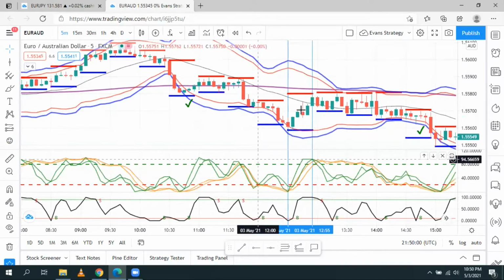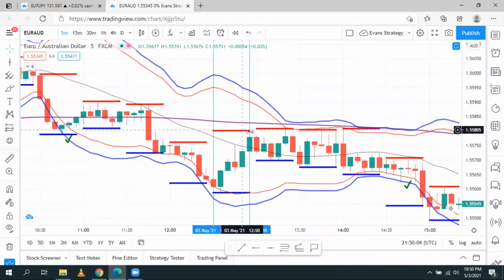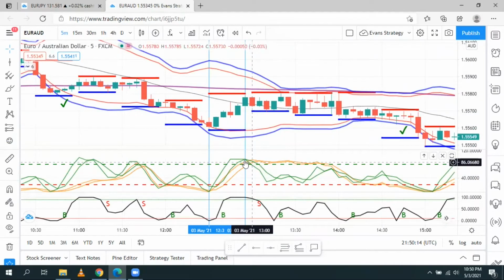So how do we know when to enter? This green line that you're seeing right here, the moment this wick was created, this red line is already formed. So you have your entry price that you're looking at, right? Now, the moment you see the fast stoch RSI crossing back from that overbought, that means the market is ready to sell.